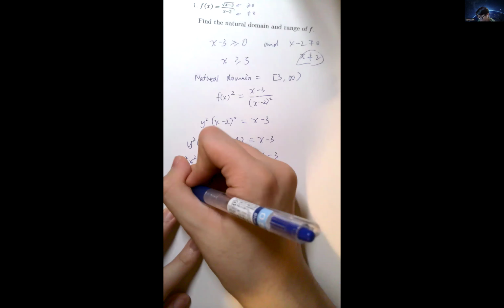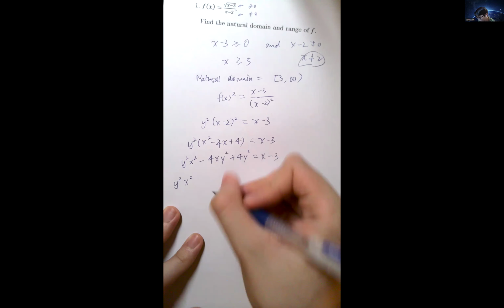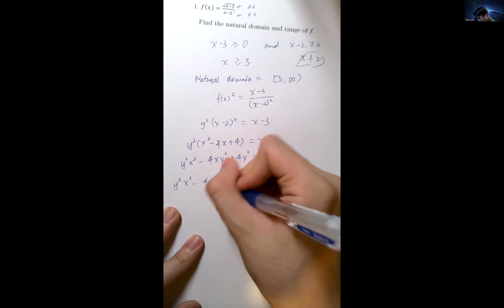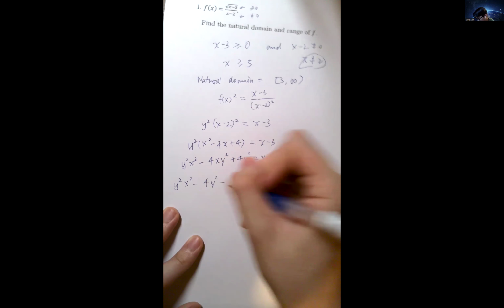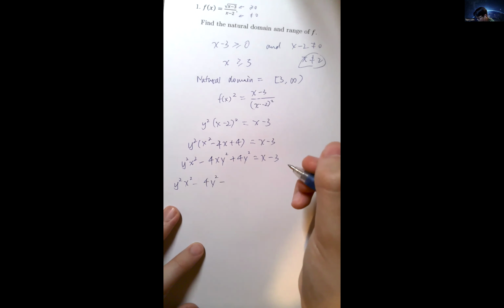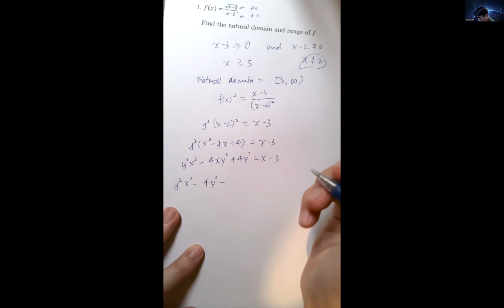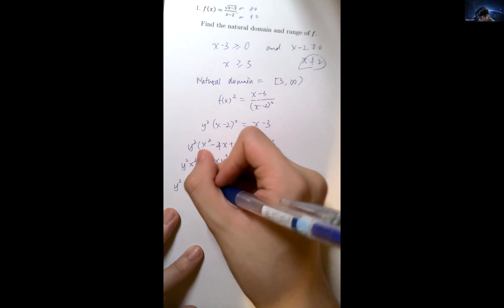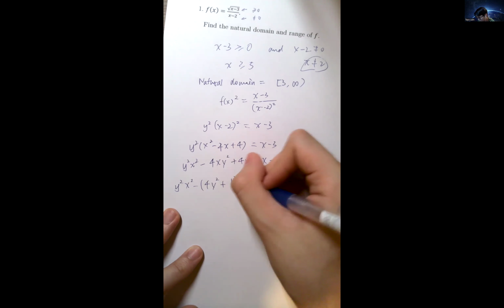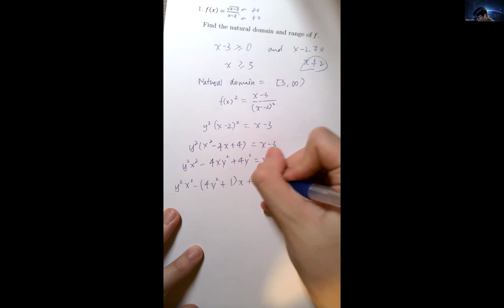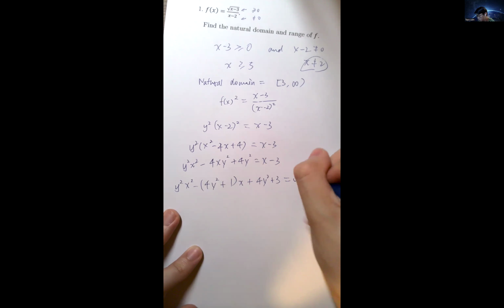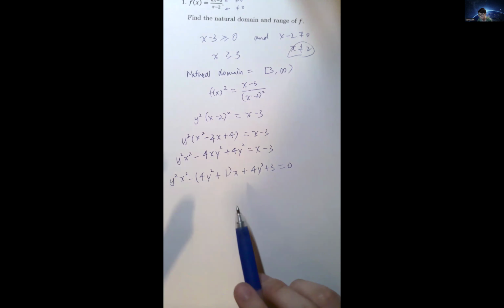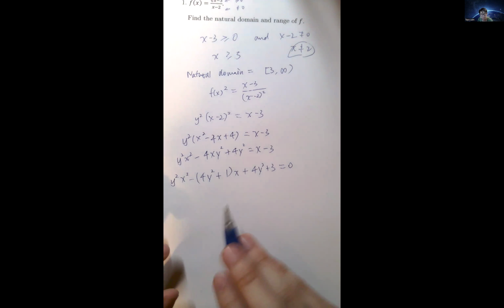So we'll just rearrange it this way. It's y squared x squared minus (4y squared plus 1) x plus 4y squared plus 3 equals 0. For this equation, if you need x to have a solution, it should be a real number, right?